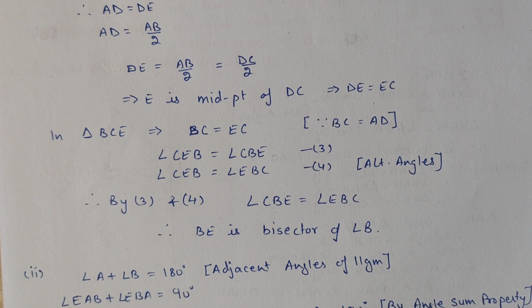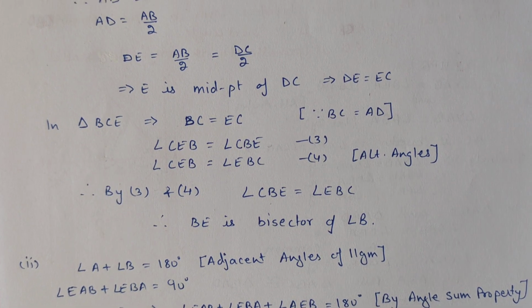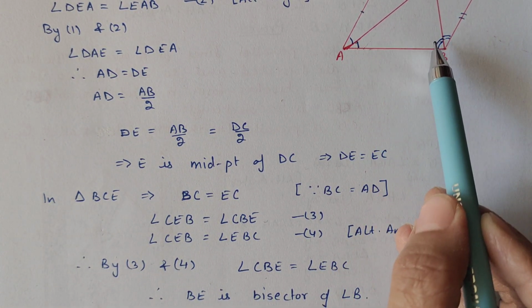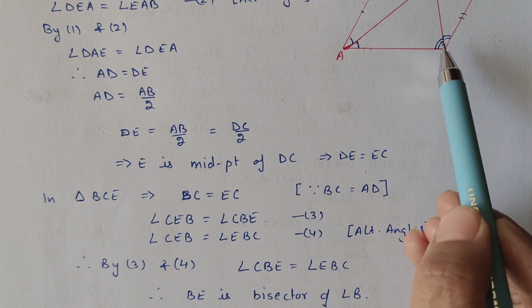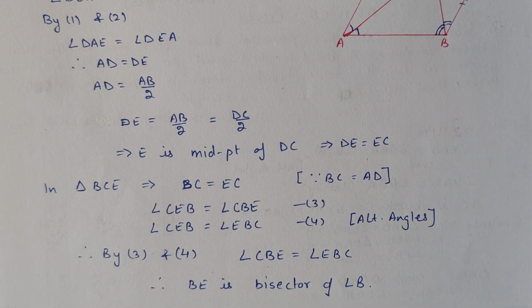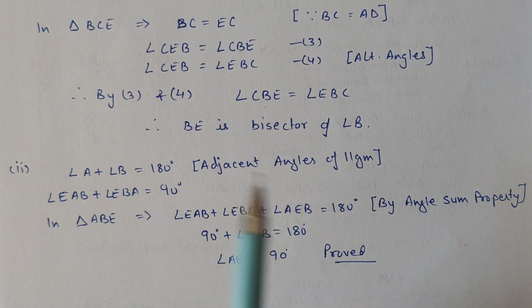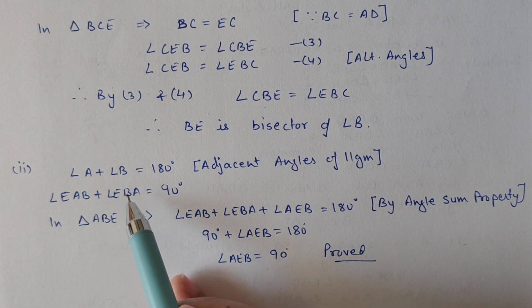Next we have to prove that the angle AEB is equal to 90 degrees. As we know, angles A and B are the adjacent angles of a parallelogram. Their sum will be 180 degrees. Angle A plus angle B is equal to 180 degrees. And if we take half of these angles, half of angle A means EAB and half of angle B is EBA.